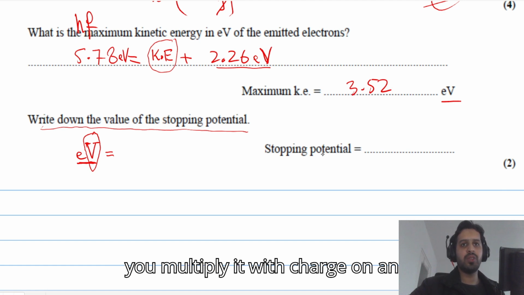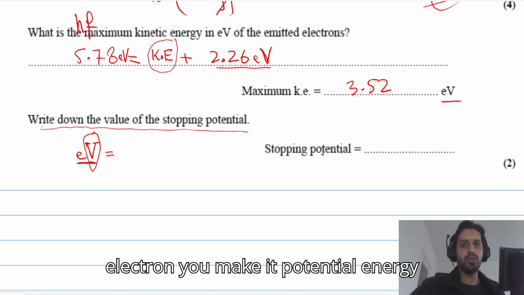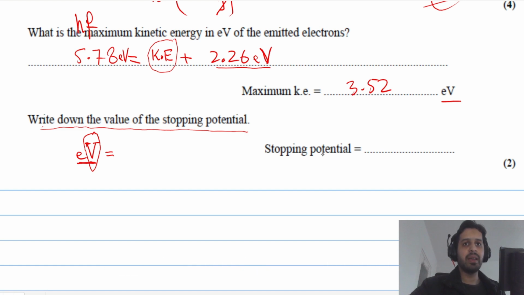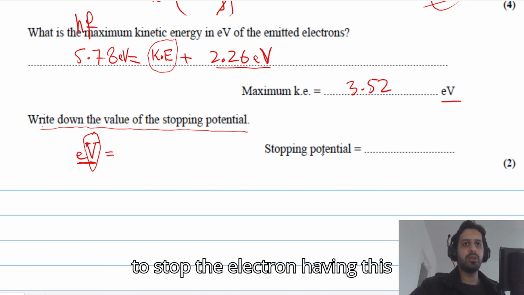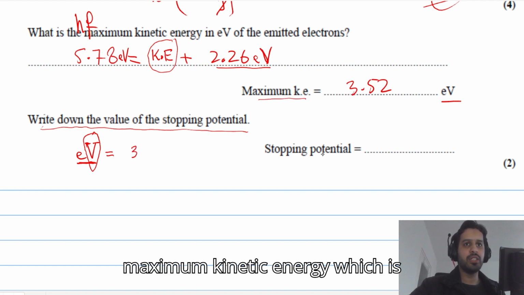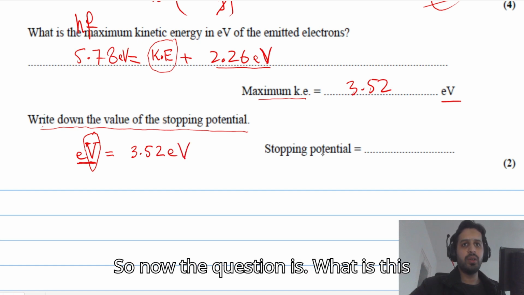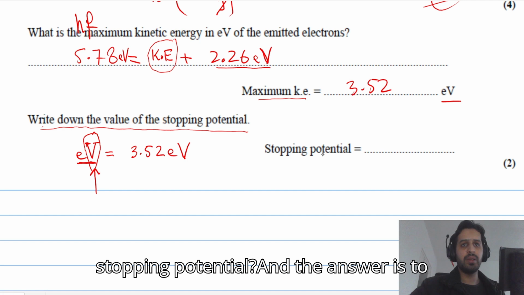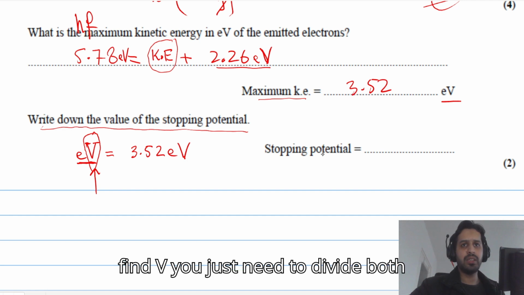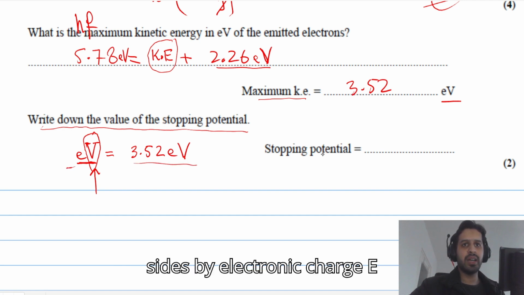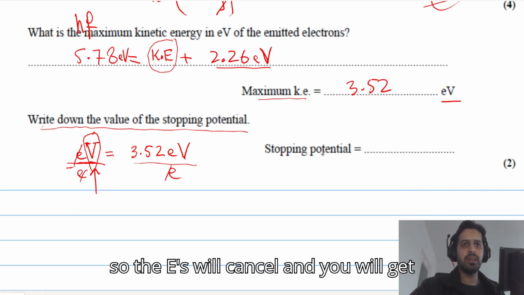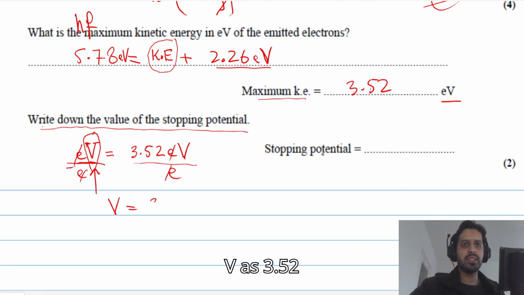If you multiply it with the charge on an electron, you make it potential energy, and this potential energy was used to stop the electron having this maximum kinetic energy, which is 3.52 electron volts. So now the question is, what is this stopping potential? And the answer is, to find V, you just need to divide both sides by the electronic charge e. So the e's will cancel and you will get V as 3.52 volts.